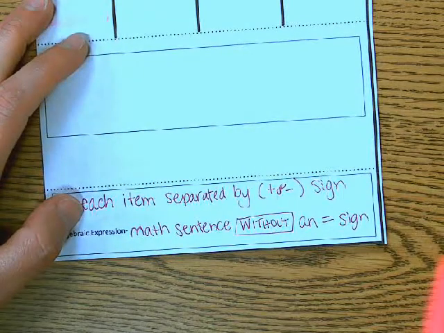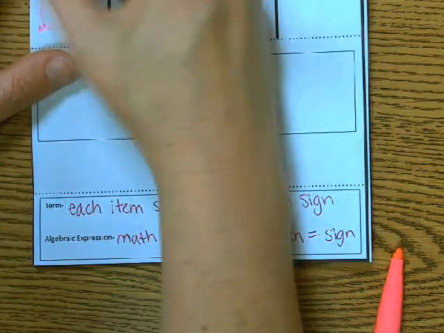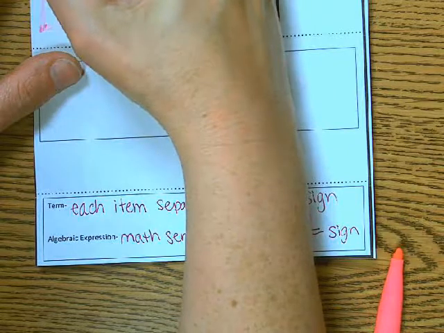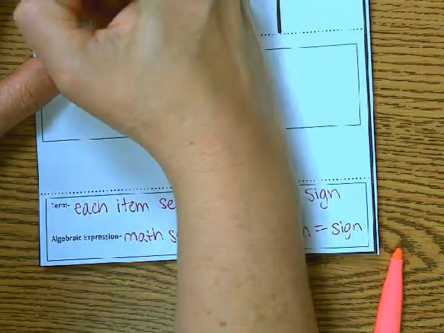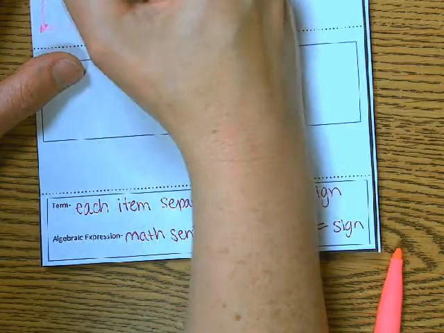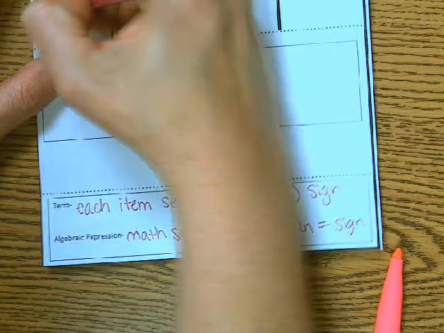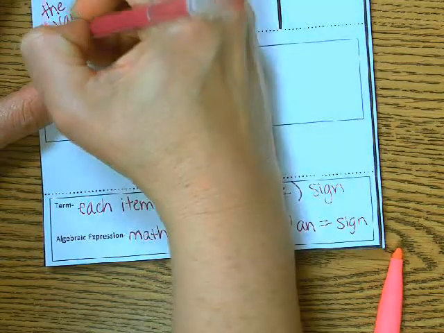And a coefficient is just the number in front of the variable or the letter.